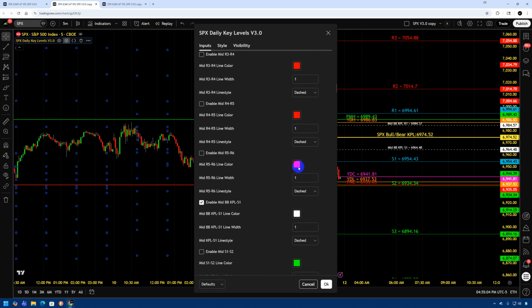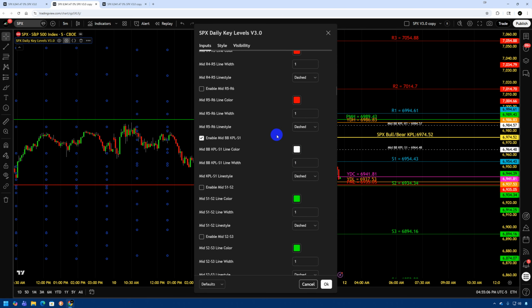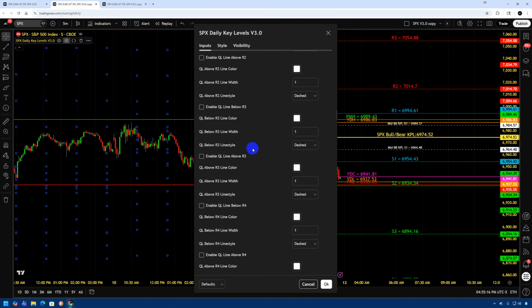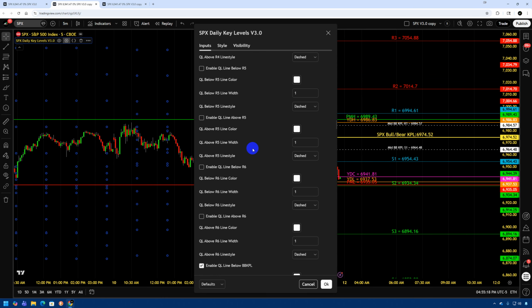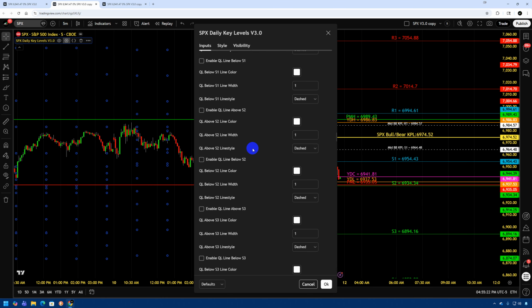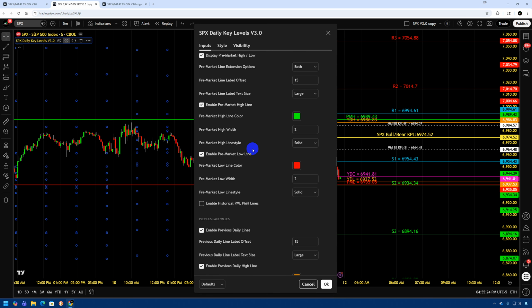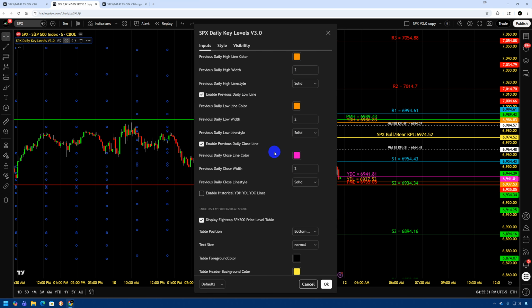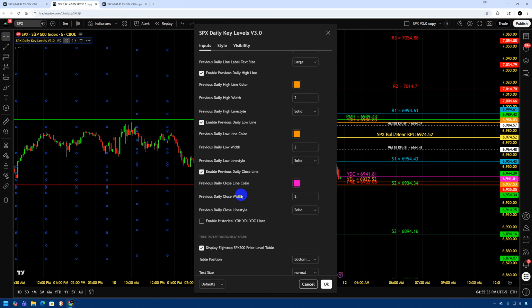Okay, so as an example too, let's make the PMH and PML lines different. So we'll go down here and start off with just the PMH and PML. Now, you can leave all the lines on if you want. I'm just showing you some different variations of what you can do for historical.